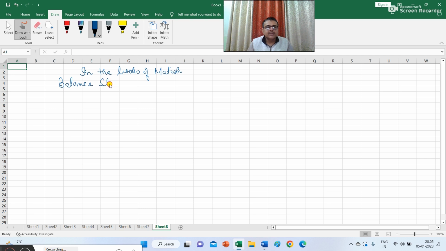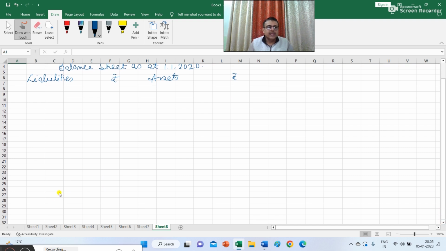Balance sheet as at 1st January 2020. Liabilities, rupees, assets, rupees.